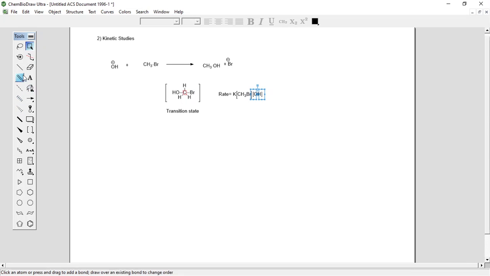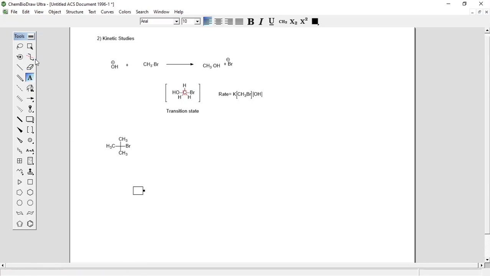So let me show the reaction of a tertiary alkyl halide. CH3, Br, tertiary alkyl halide.